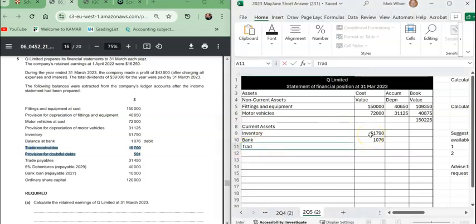So we'll go trade receivables, so based on that they probably do want these two over here, so we can do our calculation. Trade receivables 19,700. Put a minus on that 591, just to remind you to take it off.